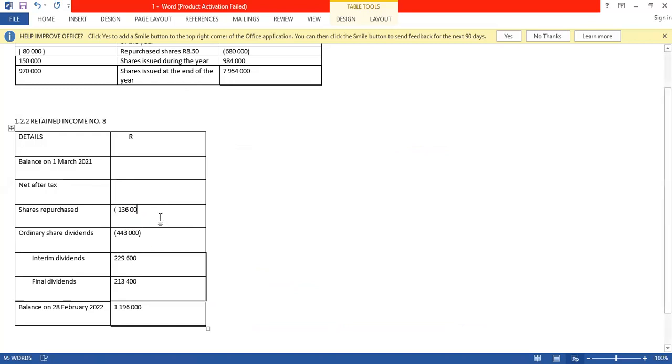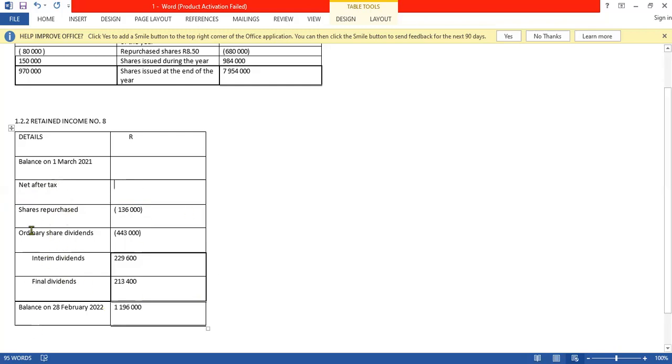It seems like I'm making so many mistakes, but it's fine as long as we get correct answers. Now for net profit after tax, it might not be given, just to test whether you know the structure or format of note 8.